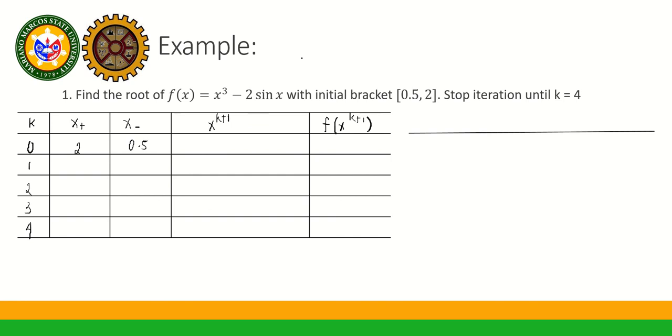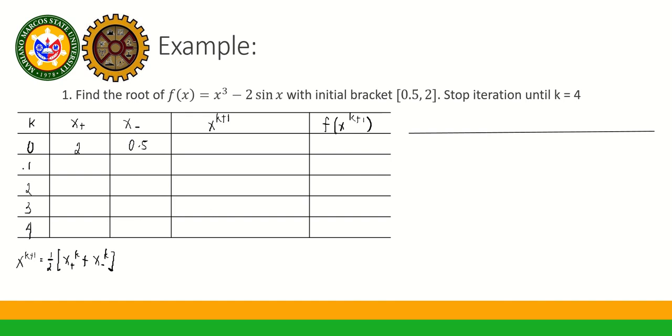Okay, so yung formula natin will be x raised to k plus 1 is equal to 1 half times x positive raised to k plus x negative raised to k. Okay.